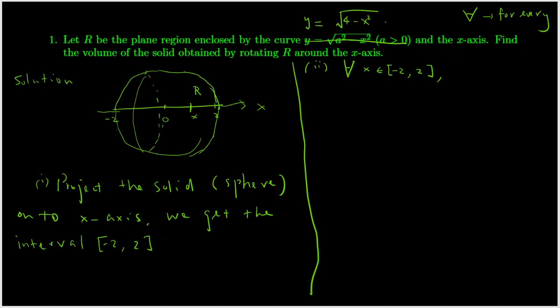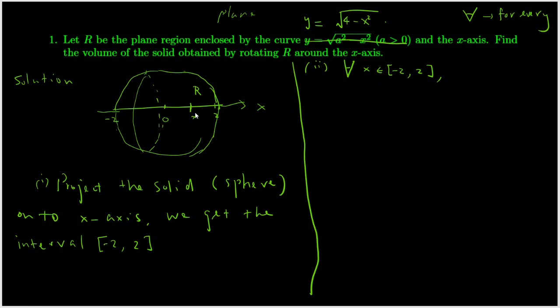Now let's recall the meaning of the cross section. The cross section determined by x. You imagine you use a plane. I said a plane, not the aeroplane, of course. You use a plane perpendicular to the x-axis and passing through this point.